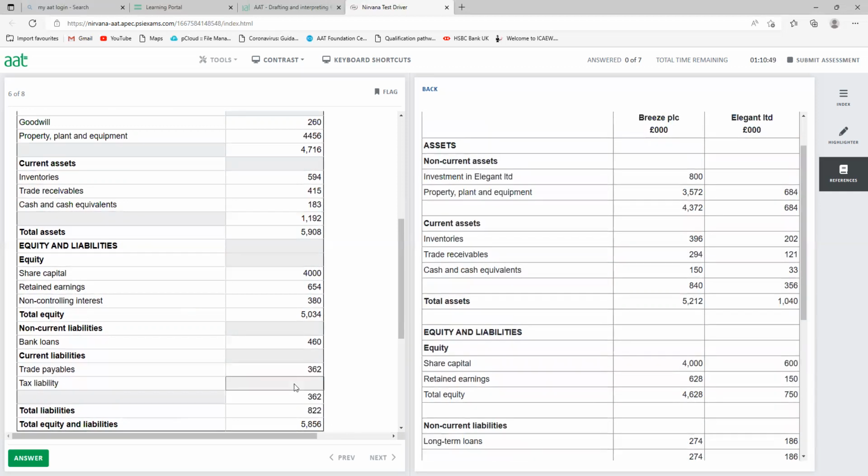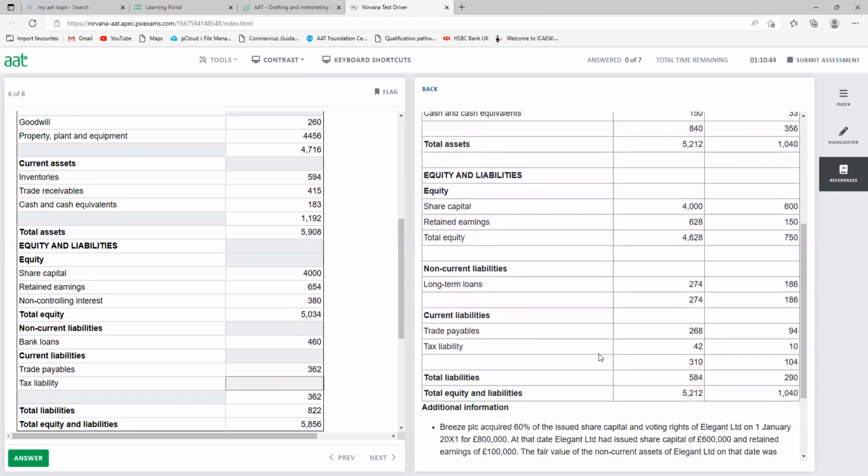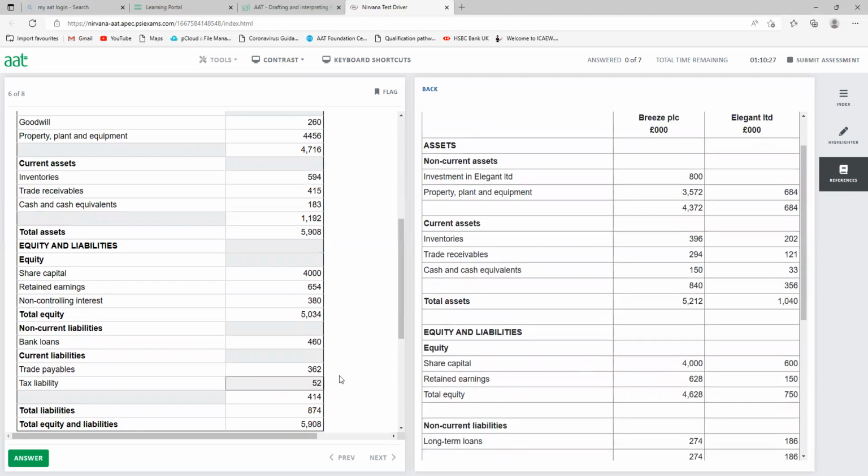Then you have a tax liability. And the tax liability, we have 268. And we have a closing, we have a 10. So 42 plus 10, so 52. Just need to add everything. And that gives me 5908.